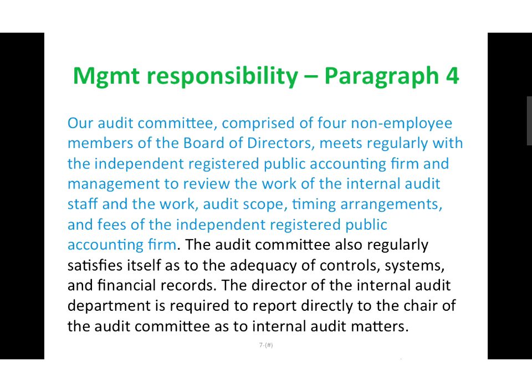Okay, the audit committee also regularly satisfies itself as to the adequacy of control systems and financial records. The director of internal audit department is required to report directly to the chair of the audit committee as to internal audit matters. So if the internal audit department finds anything, they don't report to the controller or the CFO. They report to the chair of the audit committee, which is an outsider.